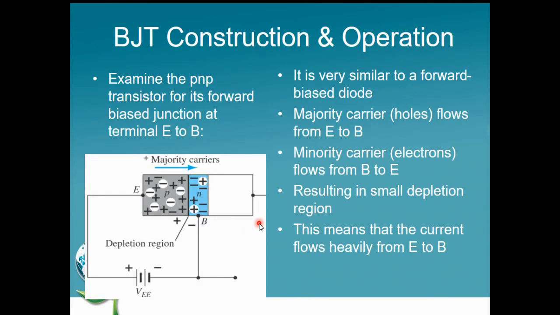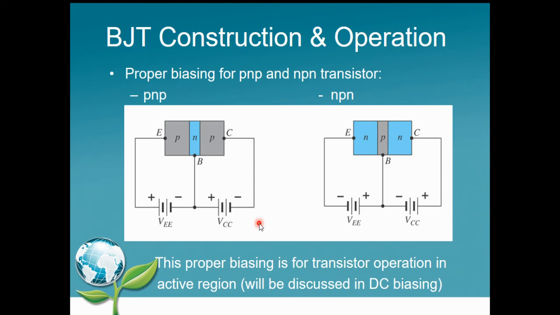That's why you see the first one here for the E and B, this is a forward bias. And for the right side, this is a reverse bias condition.